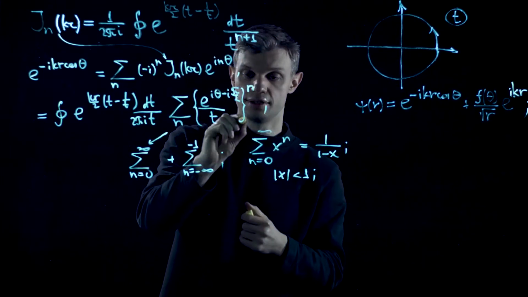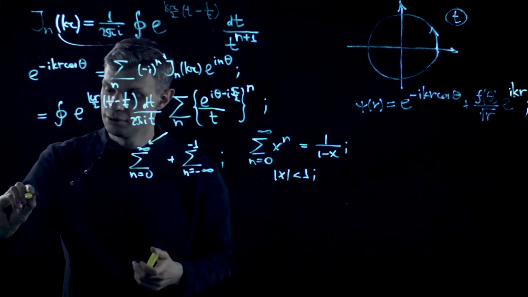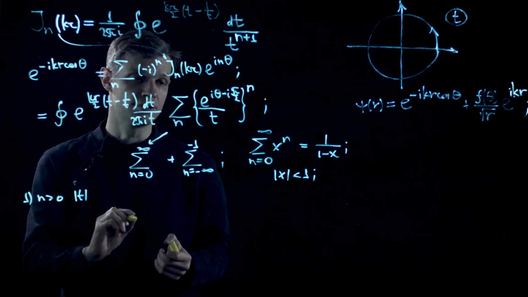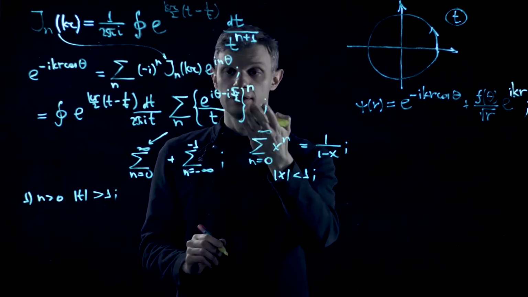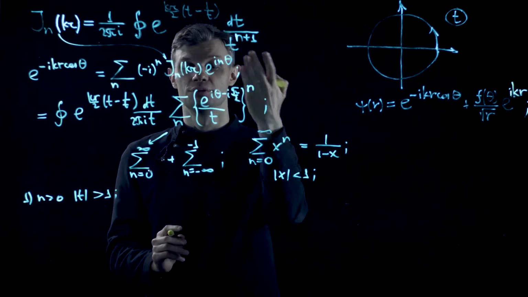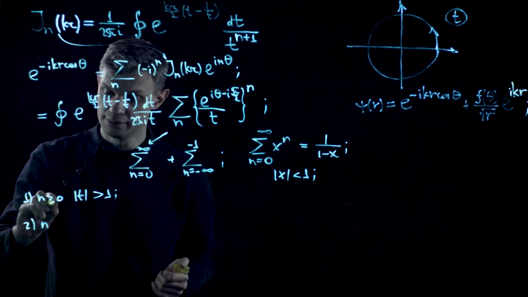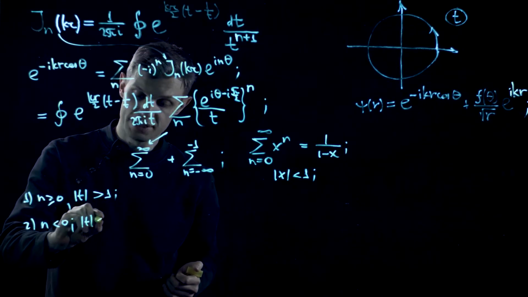The modulus of this general term is smaller than 1, which immediately gives you the condition on t. The modulus of t should be greater than 1. For negative n, you can interchange n to minus n, and in the same fashion, you get the opposite condition.